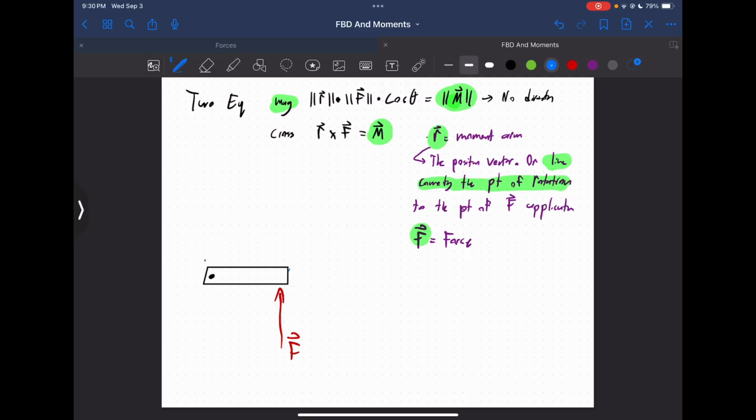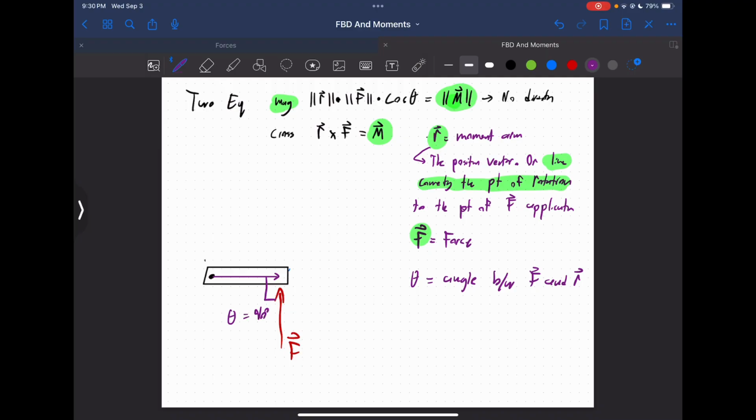And now we need to define cosine. Cosine is the angle between F and R. So again, in this direction, this would be 90 degrees.